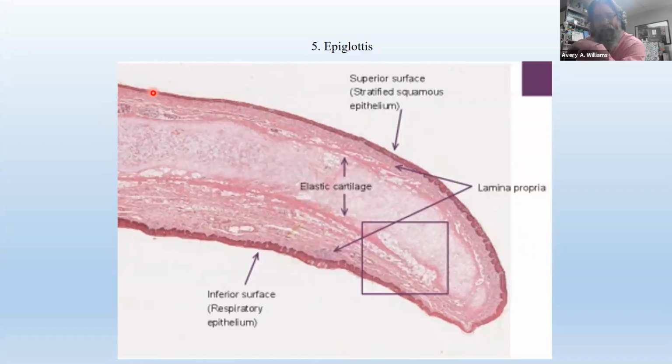You have one type of epithelial tissue on one surface, and then it segues and turns to another type of epithelial tissue on the other surface. This is the inferior surface. That's the surface that faces the glottis, the opening, which of course is going to be continuous with the respiratory passageway.